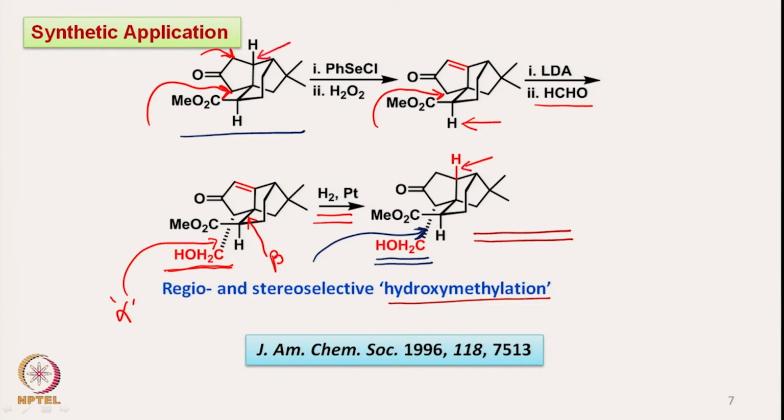So, this is a very interesting application of a regio and stereoselective hydroxymethylation. Regio because you are carrying out the reaction on one side of the carbonyl group here, and stereo because you are getting alpha hydroxymethylation.